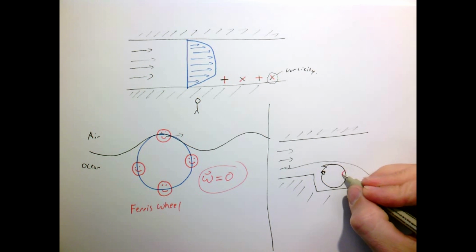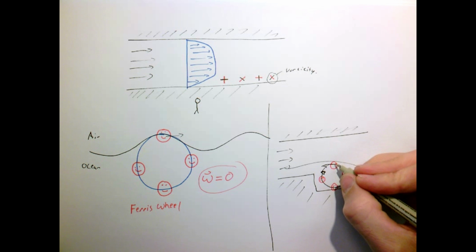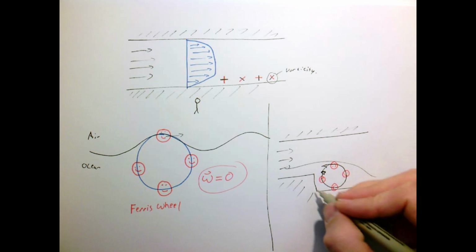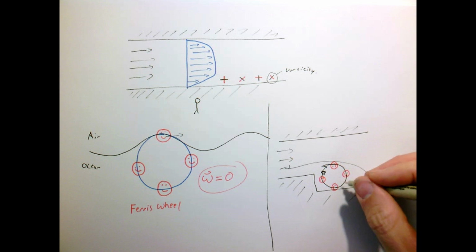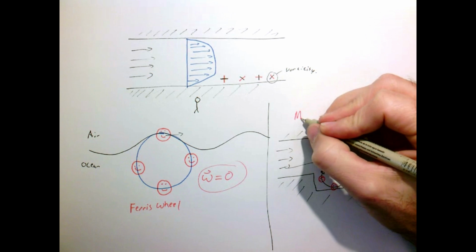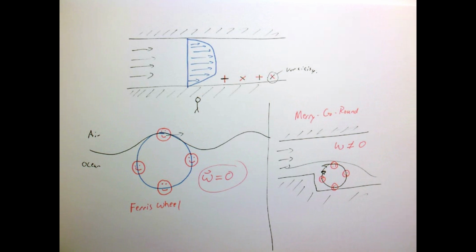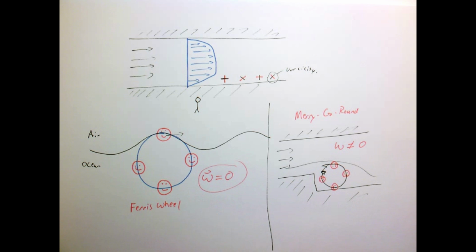Now, in this case, if we looked at our little happy face, our little fluid particle, we would see that the orientation of the face changes as the particle swirls around. So in this case, we see circular streamlines, but the particle is actually rotating because this guy's orientation is changing. So this is more like a merry-go-round, where the vorticity is not equal to 0 because the fluid particle, our little happy face, is experiencing solid body rotation in this case, but not in this case.